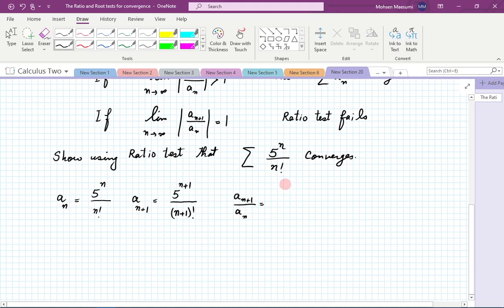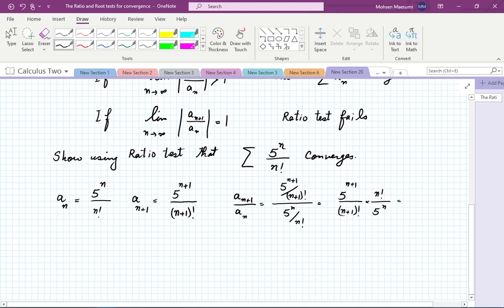So I'm going to have a n plus 1, which was 5 to the n plus 1 over n plus 1 factorial, and then divided by 5 to the power of n over n factorial. Of course, for dividing fractions, you remember you flip and multiply. So this is going to become n factorial and then 5 to the power of n.